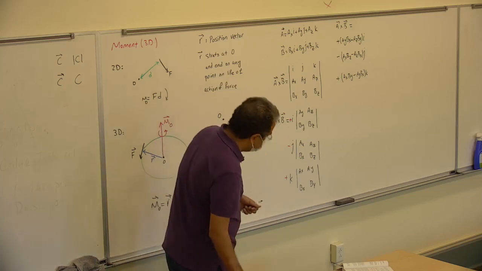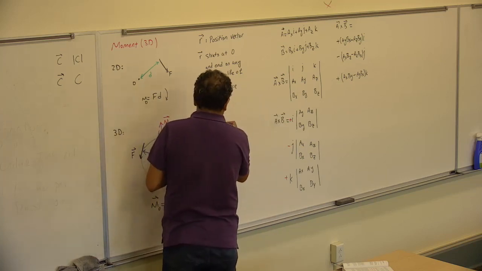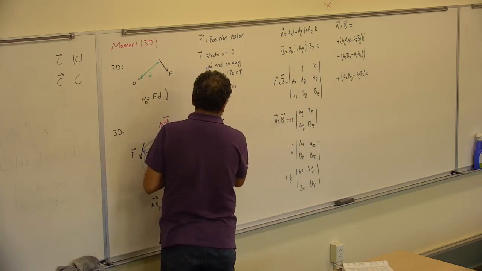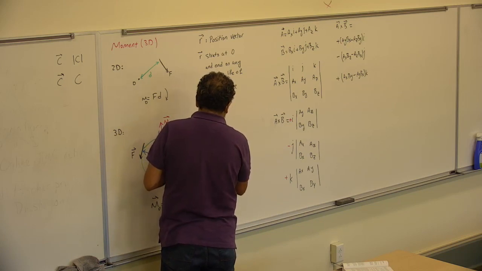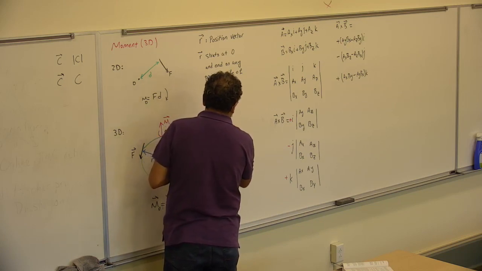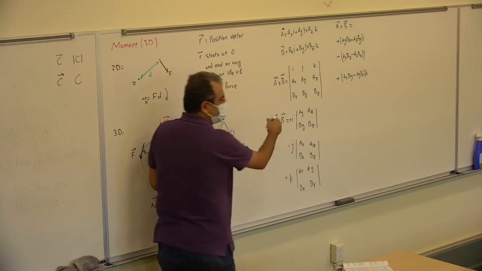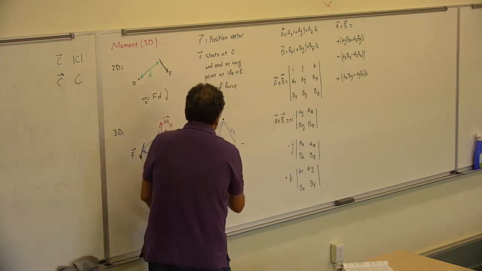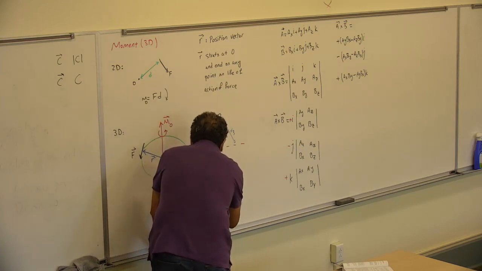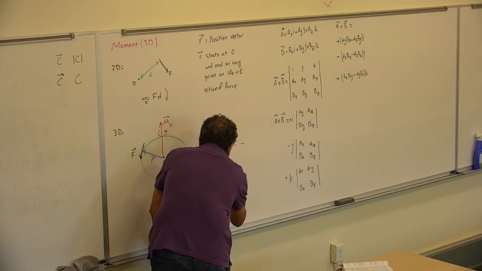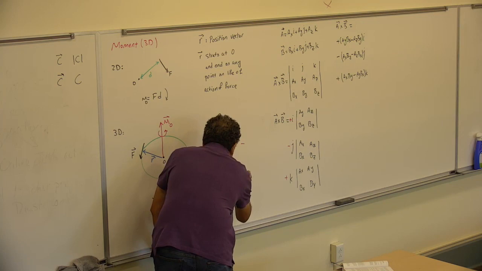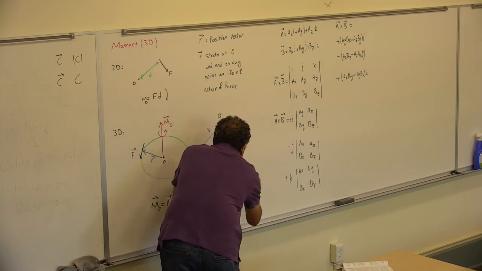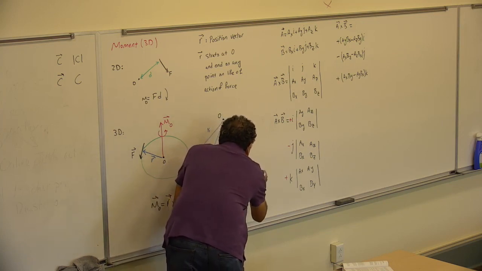R can start from here to here, that's R1, from here to here, R2, from here to here, R3, or at any other point. The moment M about point O would be R1 cross F, equal to R2 cross F, equal to R3 cross F.